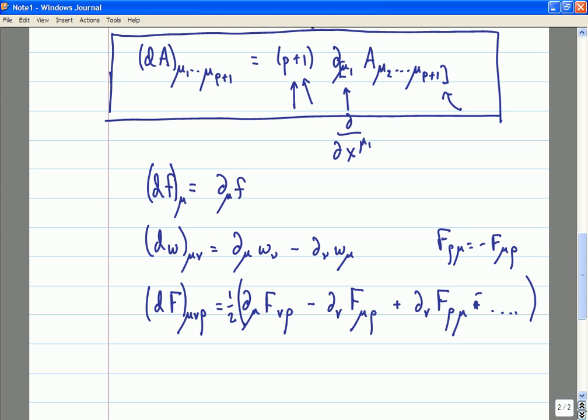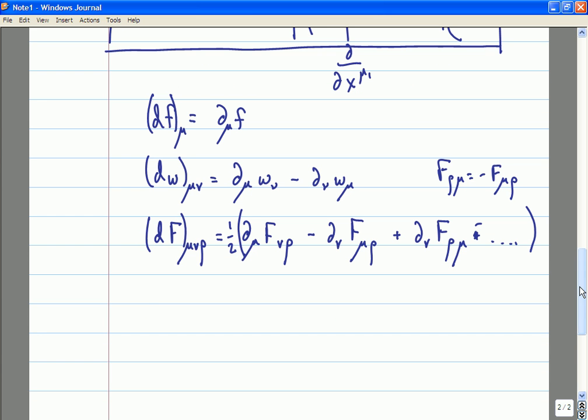So let's take d of it again. What happens? Well, now you have two derivatives that you're taking the derivative of the form over, and you're anti-symmetrizing them. But by the equality of mixed partial derivatives, when you anti-symmetrize two partial derivatives, you get 0, right?